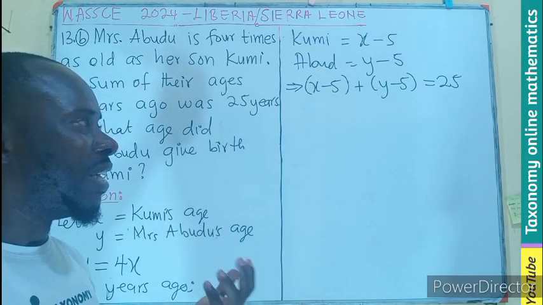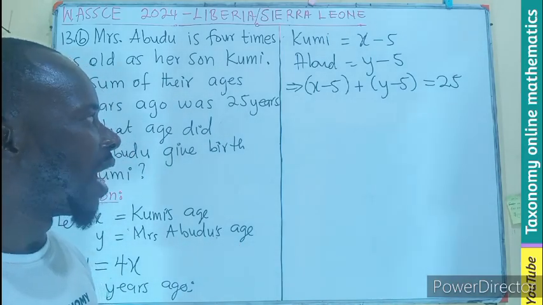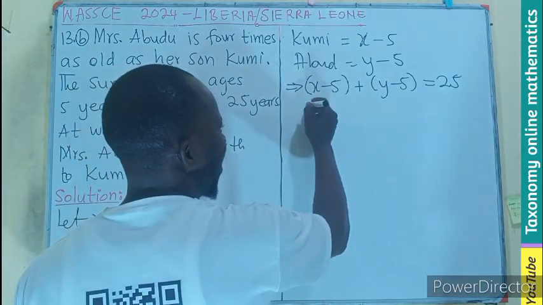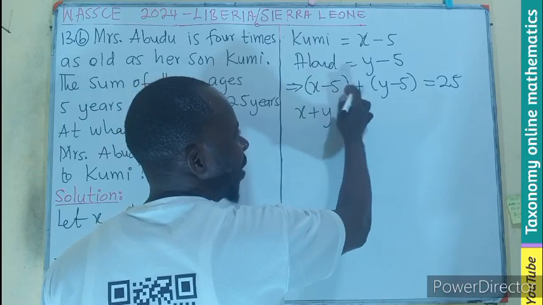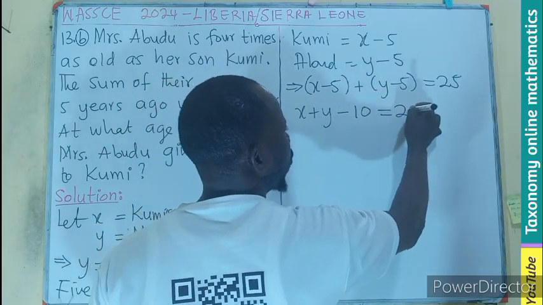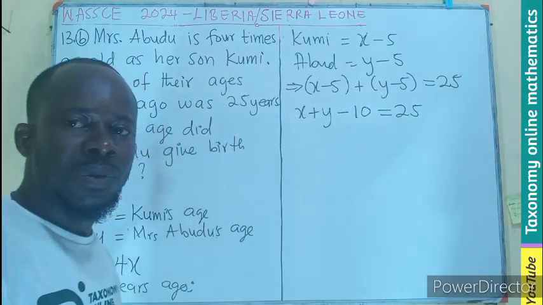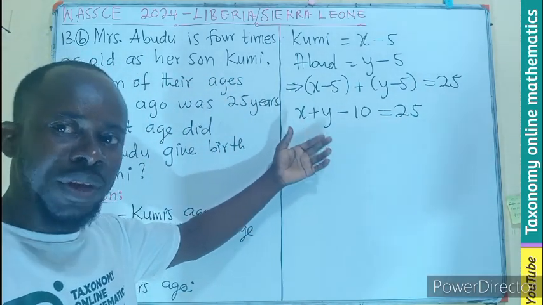If I add their ages 5 years ago, I would get 25. So that is the expression we can have here. Now I'll have x plus y minus 5 minus 5, which gives minus 10, equals 25. So this is an equation involving two variables, and we can solve them as simultaneous equations.